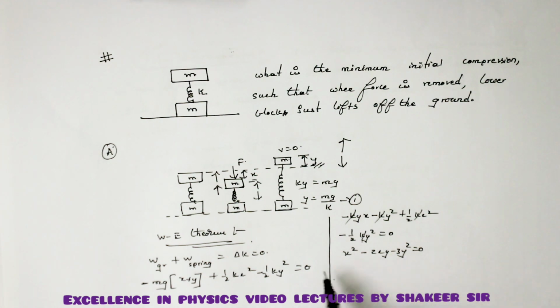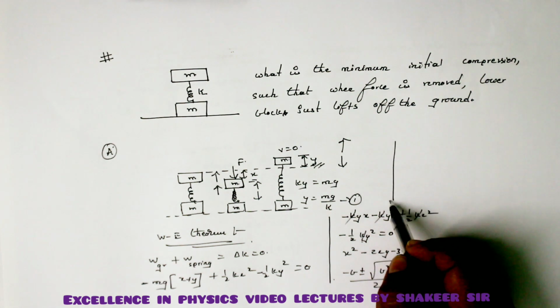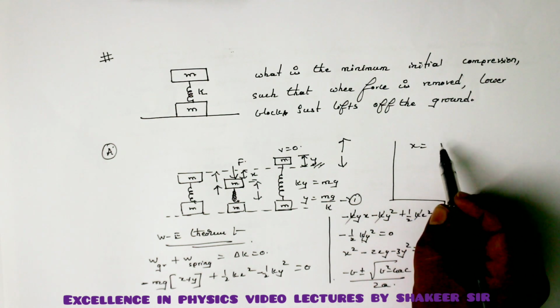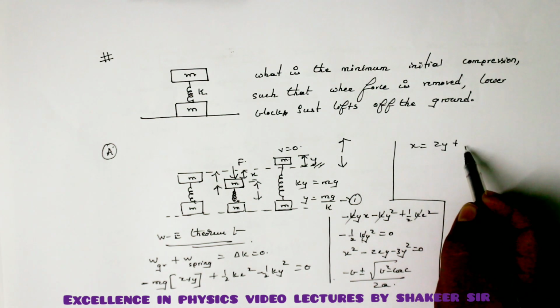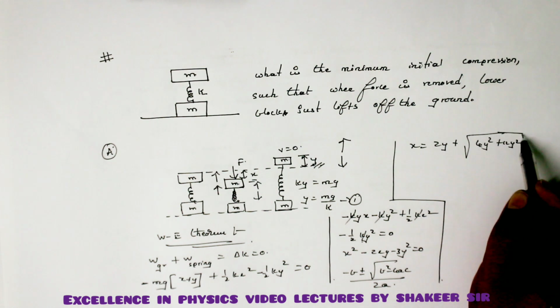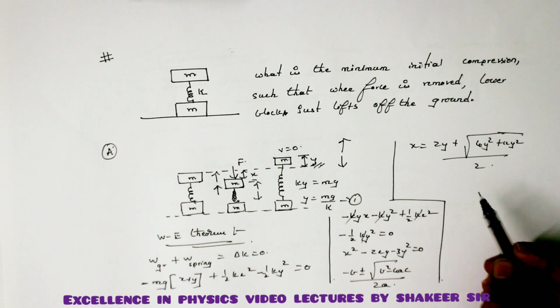So if I observe here, I got a quadratic expression. This quadratic expression can be solved by using the relation x is equal to minus b plus or minus square root of b square minus 4ac, divided by 2a. If I solve this expression, the result is x is equal to 2y plus square root of 4y square plus 12y square, divided by 2.